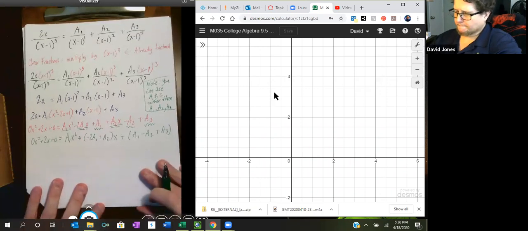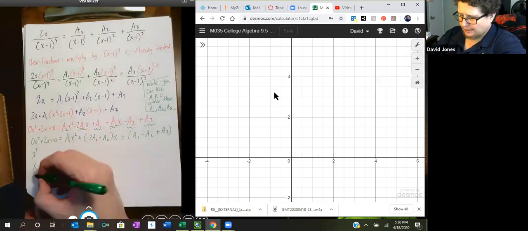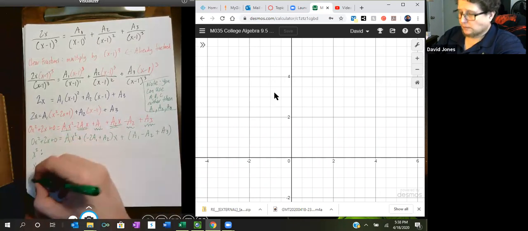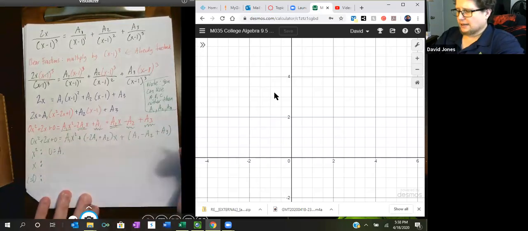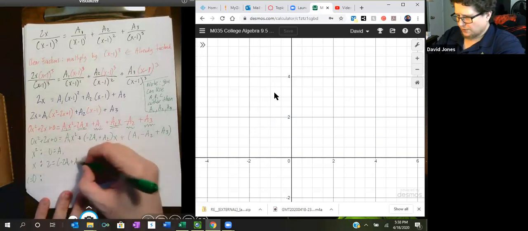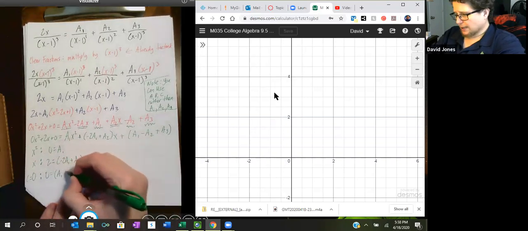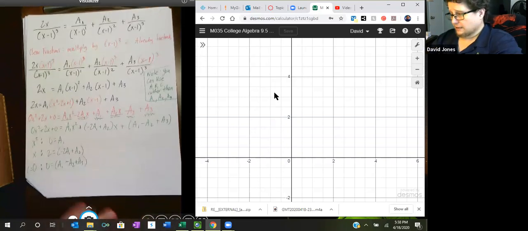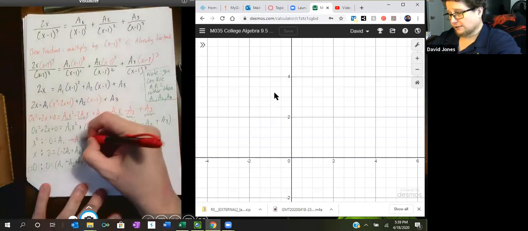So what do we get? Let's line up our x squared terms, our x's, and our constants. I get 0 equals a1. I get 2 equals negative 2a1 plus a2. And I get 0 equals a1 minus a2 plus a3. This tells me right away a1 equals 0.